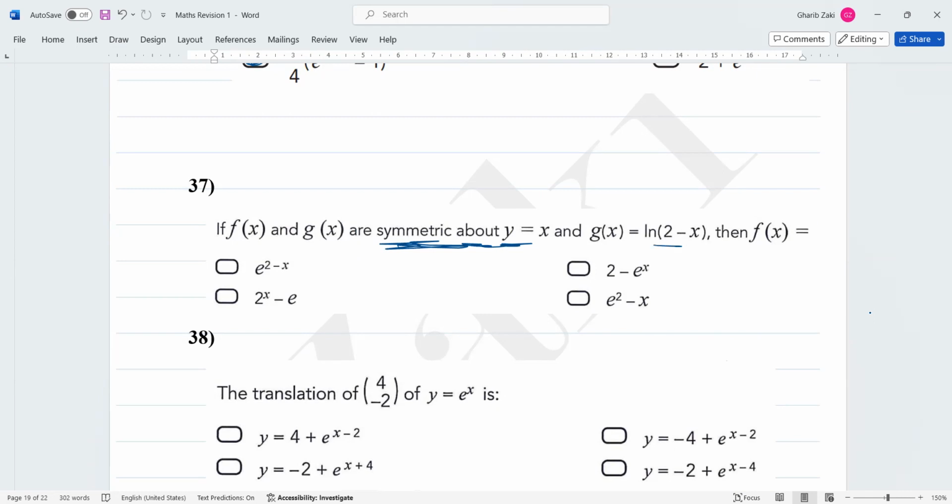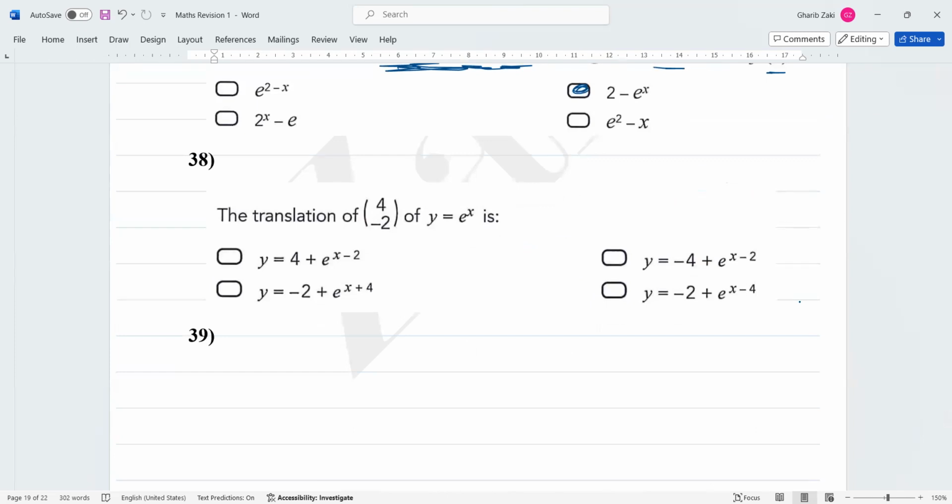So if g is ln, f of x is e. So it is the inverse function of this. This is the inverse of g. The inverse function of this one will be 2 minus e. Here we have horizontal translation and we have vertical translation. So this is the correct answer.